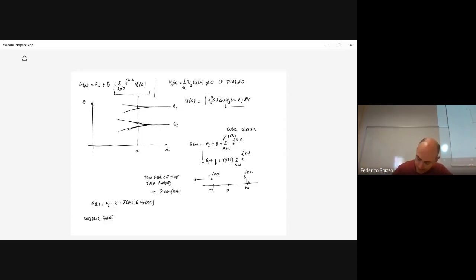In that case, the value of k at the center is equal to 0. So at the center of the first Brillouin zone, E of k is equal to Es plus beta plus 6 times gamma of R, since when you set k equal to 0, the cosine is 1.